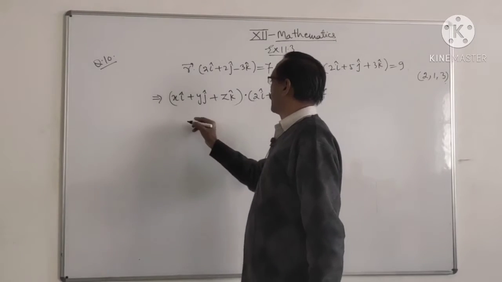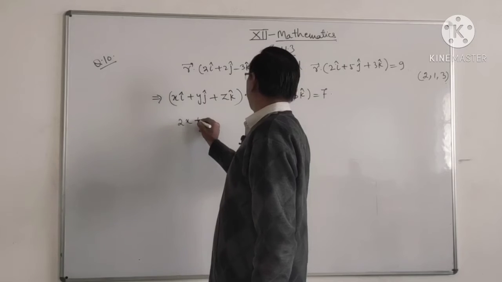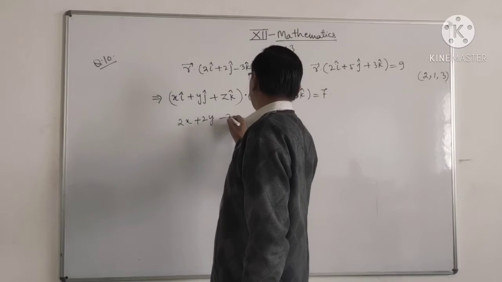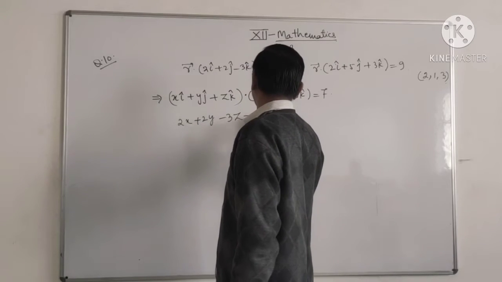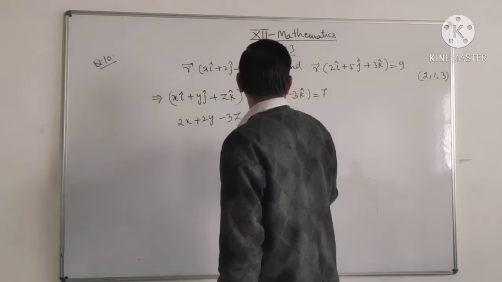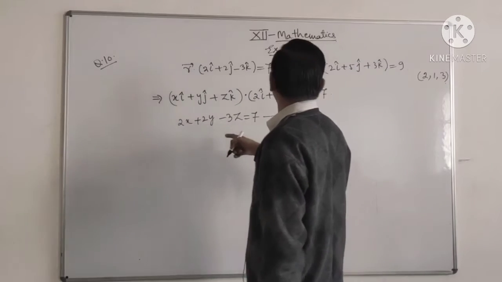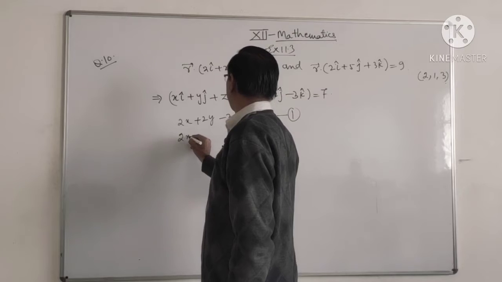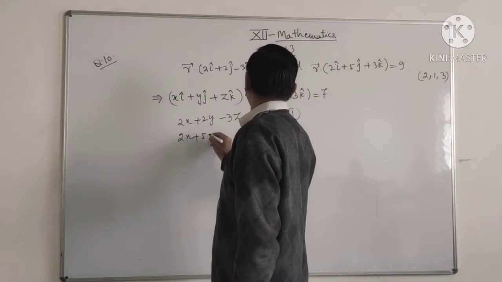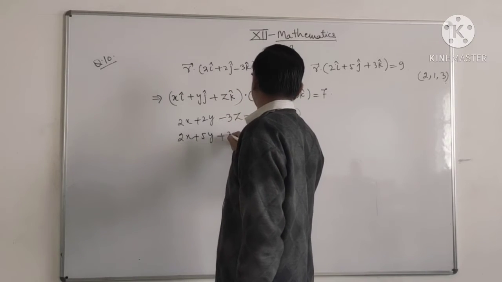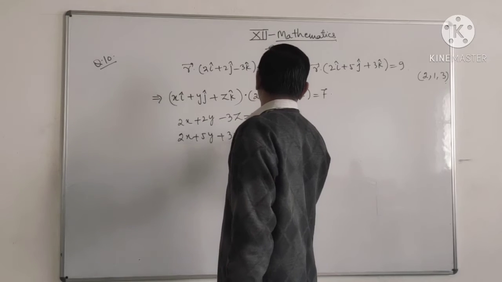Then it is 2x plus 2y minus 3z equal to 7. Equation 1. Similarly, second equation is 2x plus 5y plus 3z equal to 9. Equation 2.